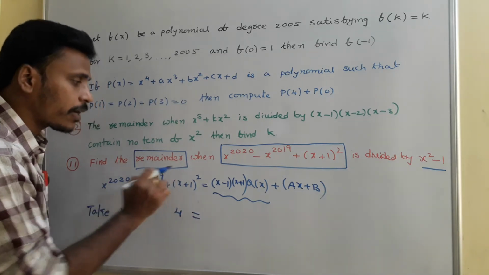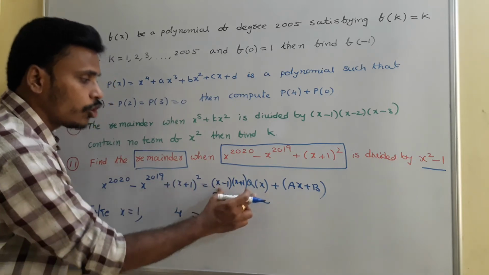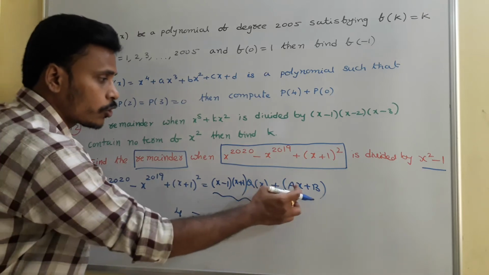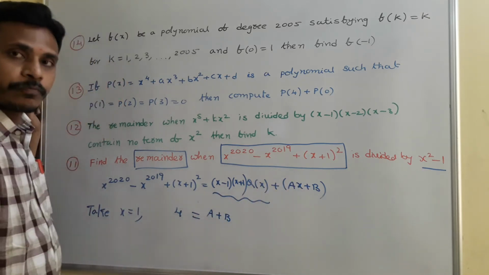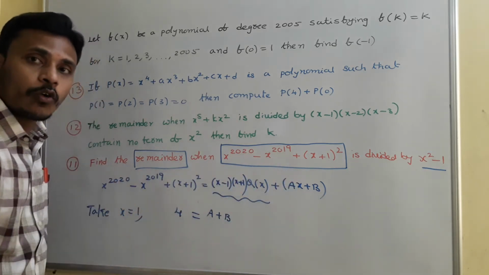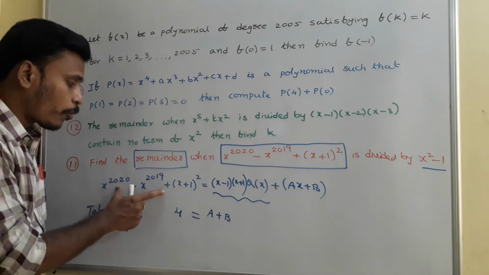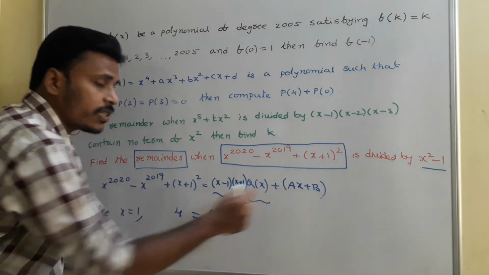So the left side is 4, whereas the divisor part will become 0. Replacing x here, it becomes a into 1 plus b. So the value is 4 equals a + b.